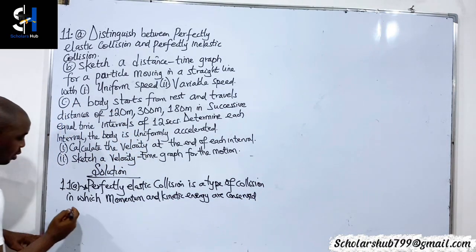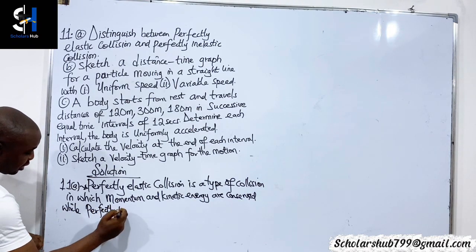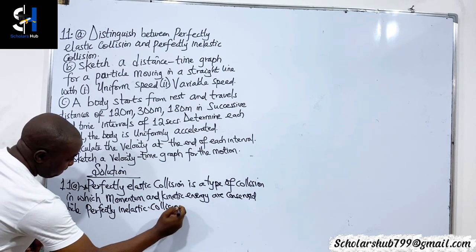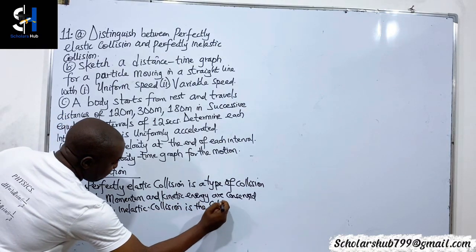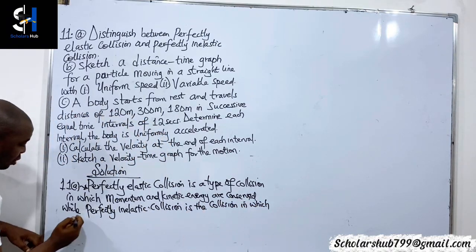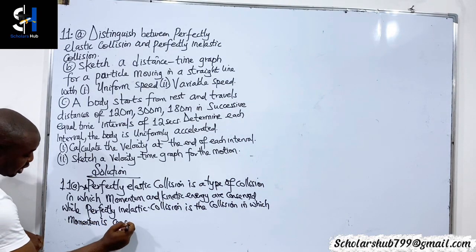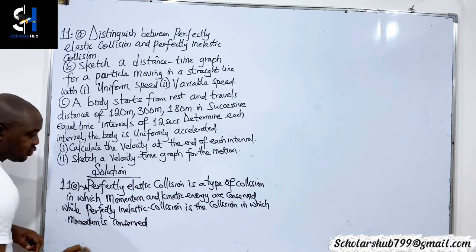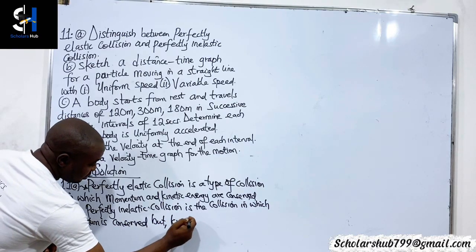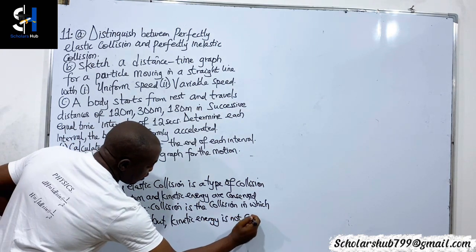While perfectly inelastic collision is the collision in which momentum is conserved, but kinetic energy is not conserved. That's Roman numeral 1.